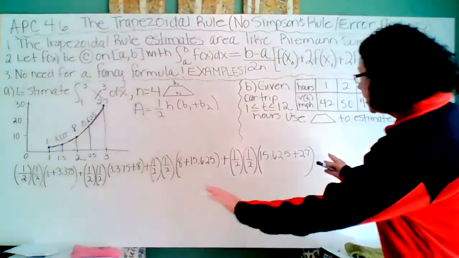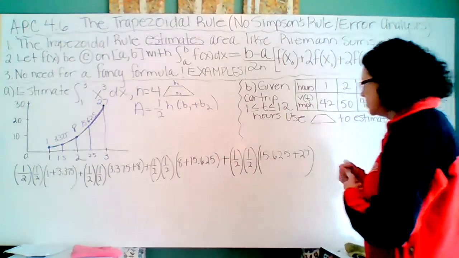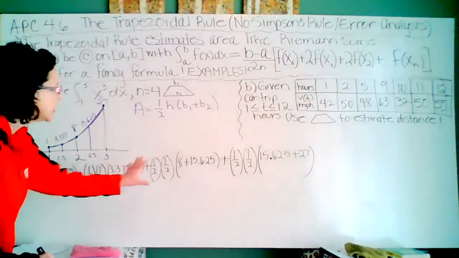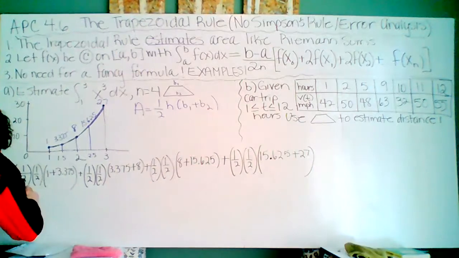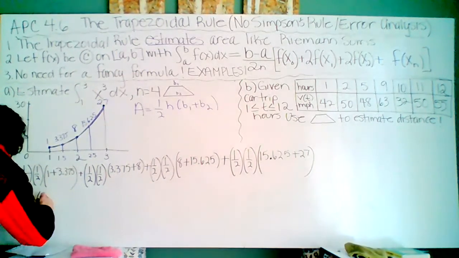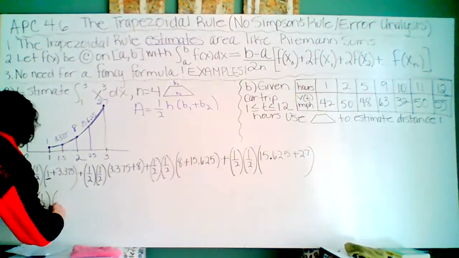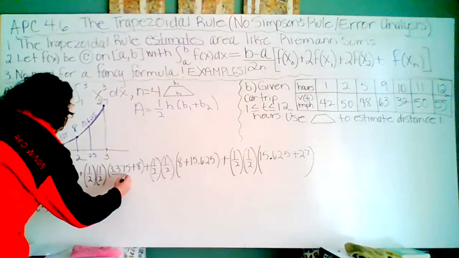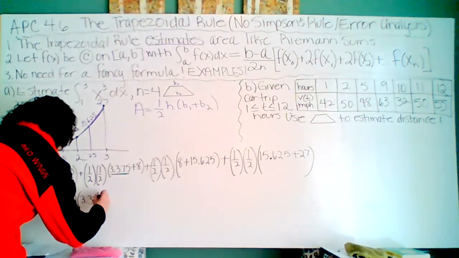Okay, now let's take a look here. You can do every trapezoid separately. Just go through and do this math, right? But notice what's happening is in every single one of these 4 terms, I have 1/2 times 1/2. Now, notice this base of 1 is used only once in this trapezoid on the left. Notice 3.375 is used twice, right?